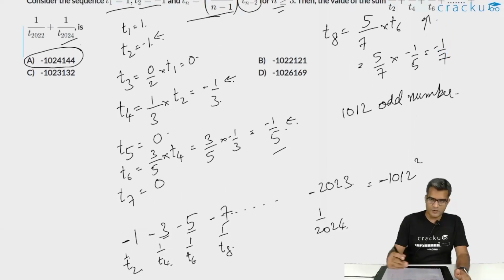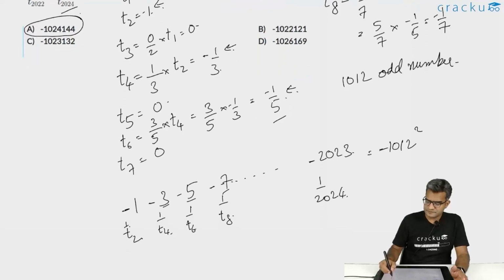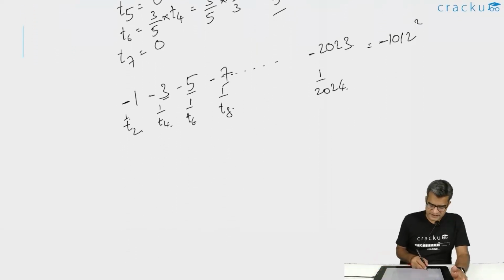You might be wondering how I got it very easily. The sum of the first n odd numbers is equal to n square. This will be a good revision for you to have. The sum of the first n natural numbers, 1 plus 2 plus 3 plus dot dot dot till n, is equal to n into n plus 1 divided by 2.